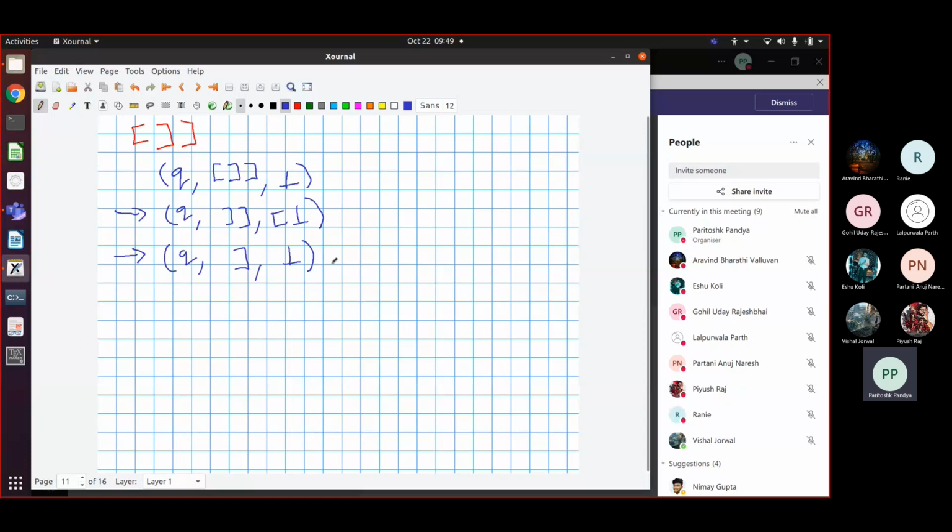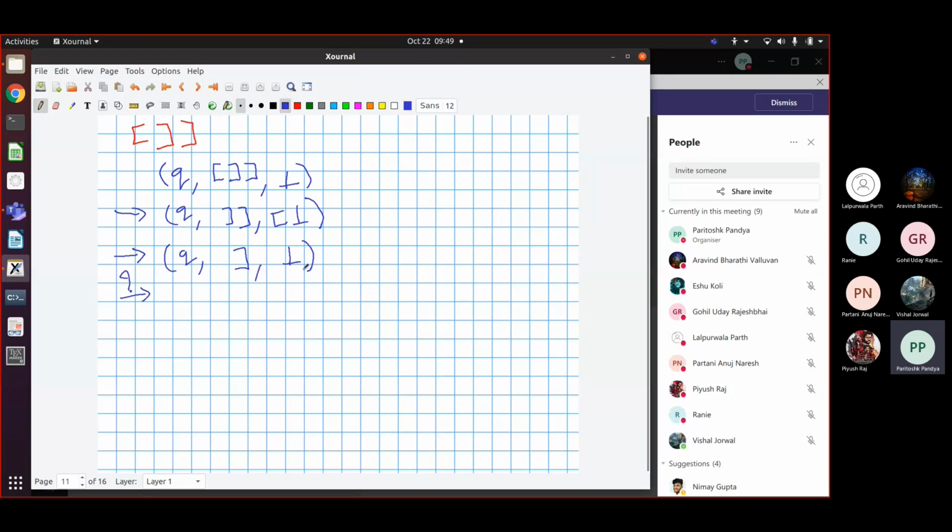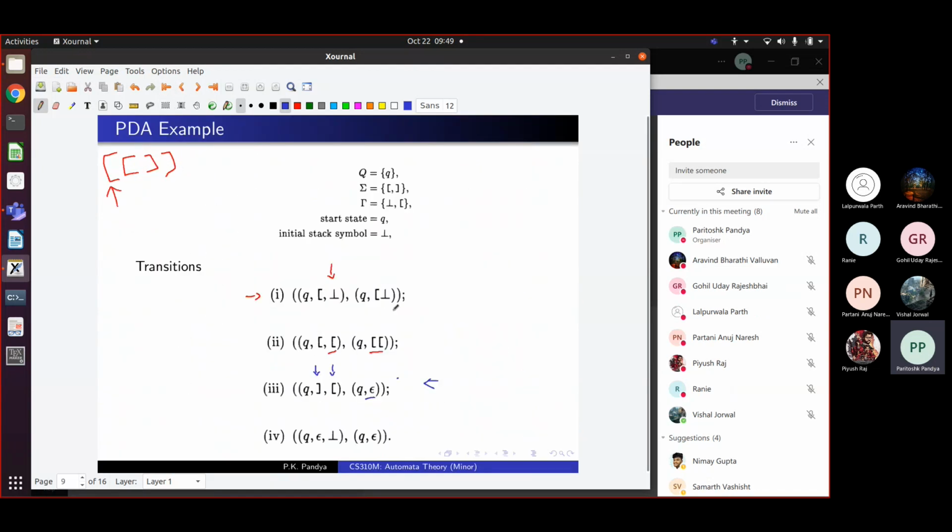Now at this point, what can happen? Can we go anywhere? The next symbol we are reading is a closing bracket, but on the top of the stack is a bottom, and we have no rule which applies. You can check. There is no rule of the form Q, closing bracket, with bottom at the top of the stack.